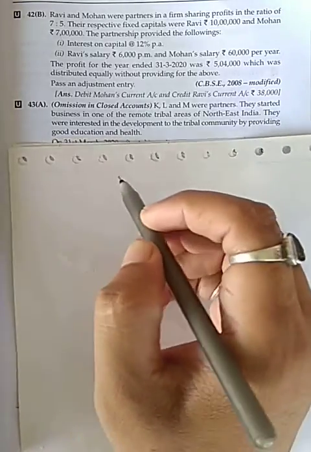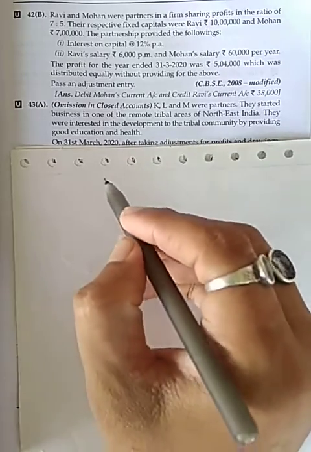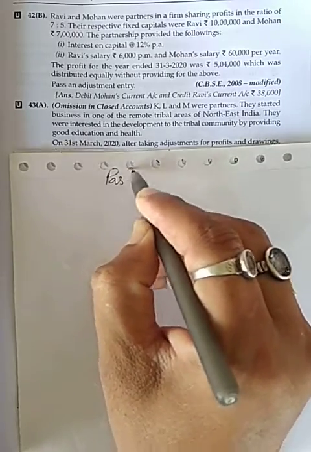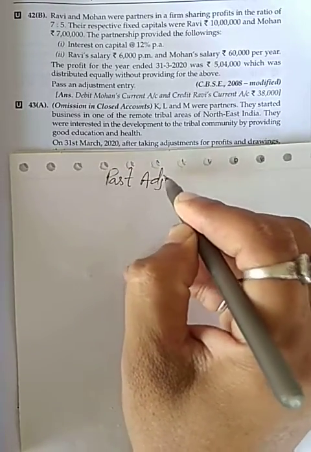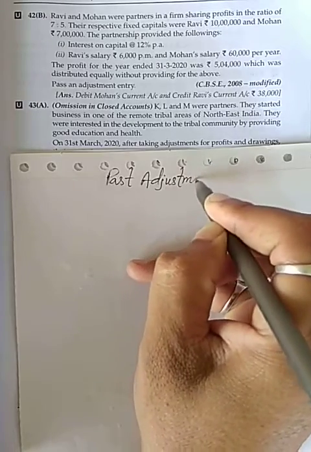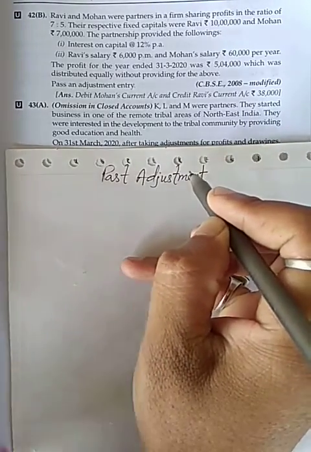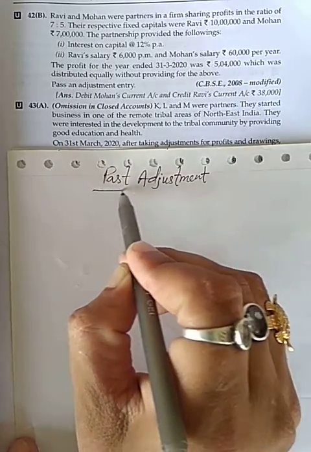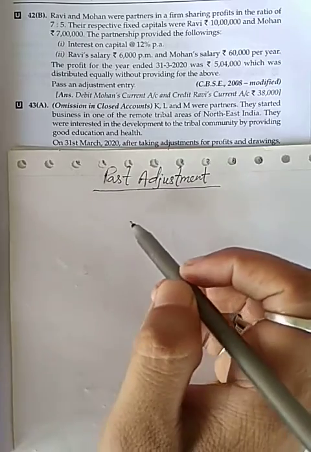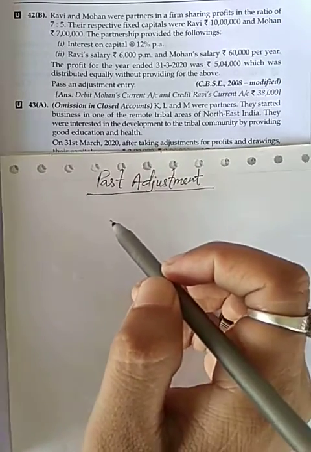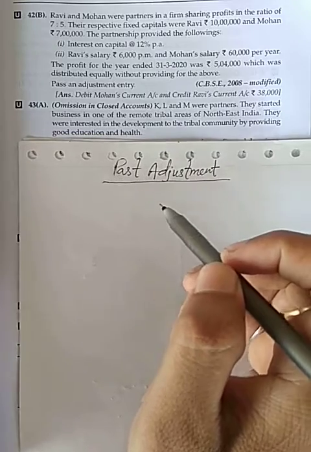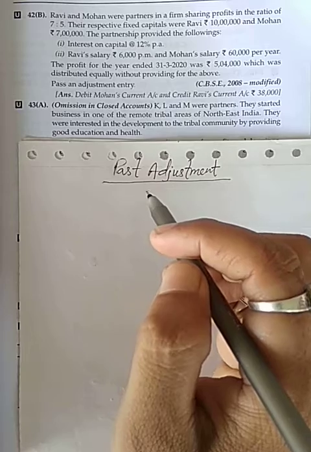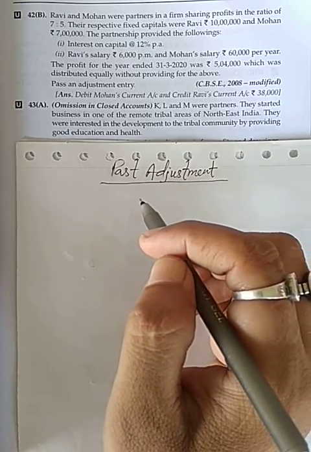Today I am going to solve questions based on past adjustment. In my previous video, I have explained and solved the question related to profit and loss appropriation account.